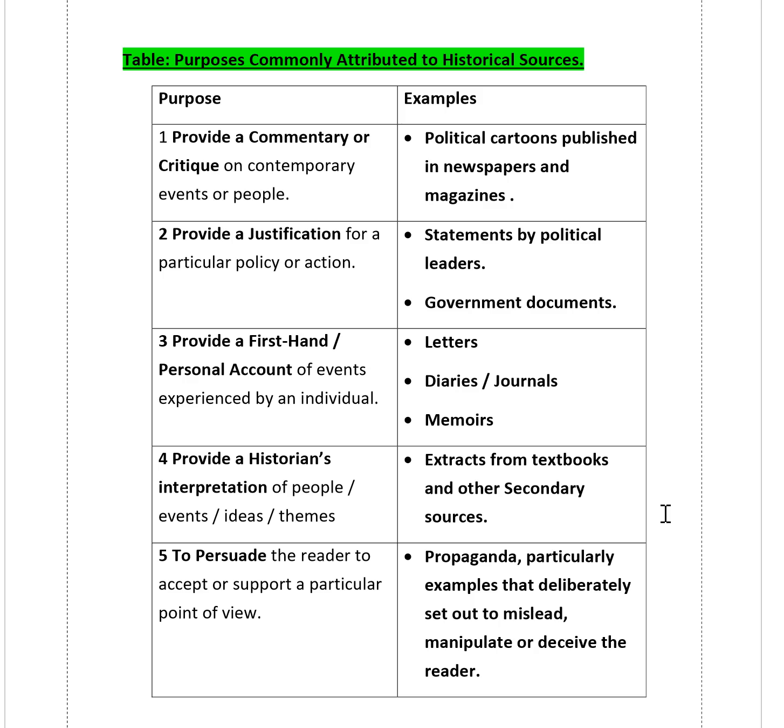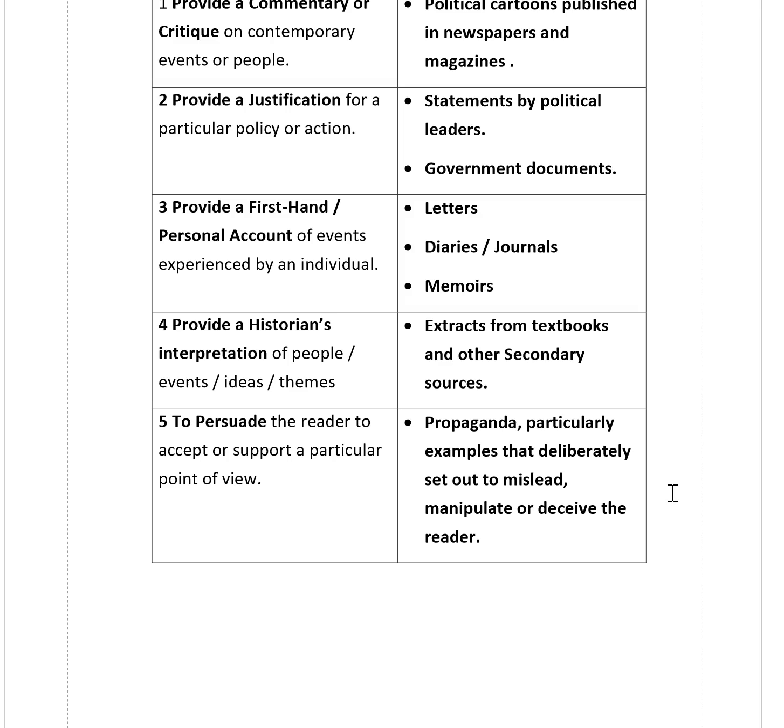Mostly what you're going to get, as we were saying before, from anything from a text or from a historian, when you're looking at those more secondary sources, is to provide that historian's interpretation. And historians do that for lots of reasons. That could be a monetary expectation, where a lot of them are publishing books. It could be for research purposes, where they might want to contribute to their university and so on and so forth.